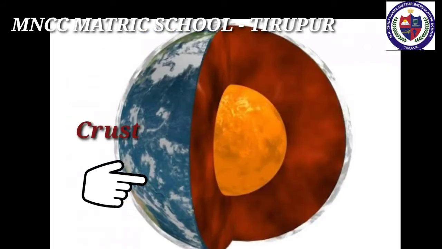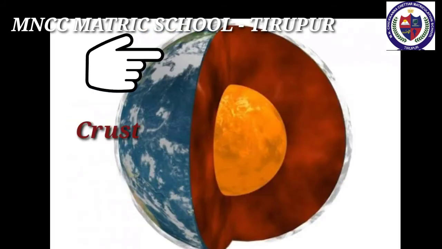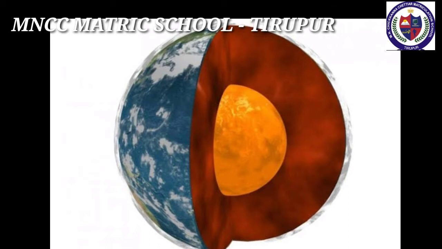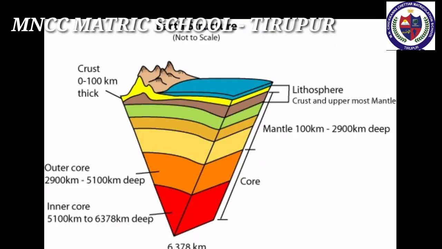The crust. The crust is the outermost layer of the earth. Its average thickness varies from 5 to 30 kilometers. The continental crust is less dense than the oceanic crust because it is made up of both light and dense rock types. The crust comprises two distinct parts.